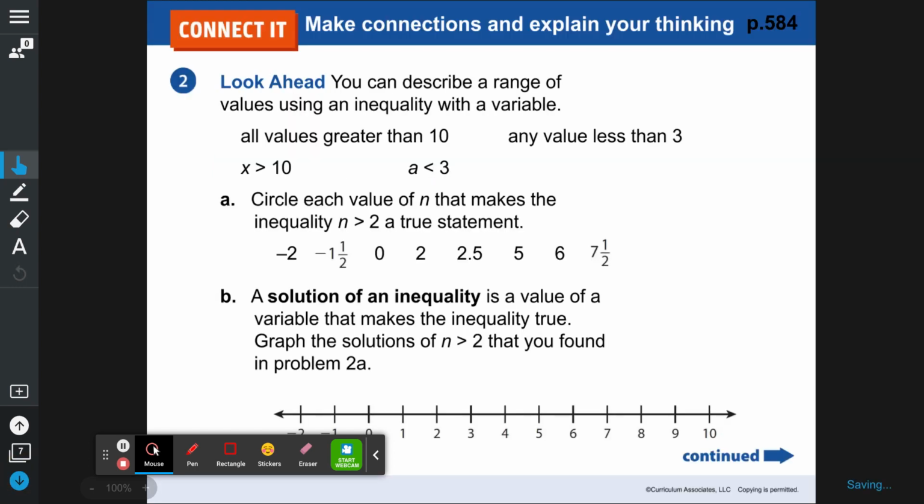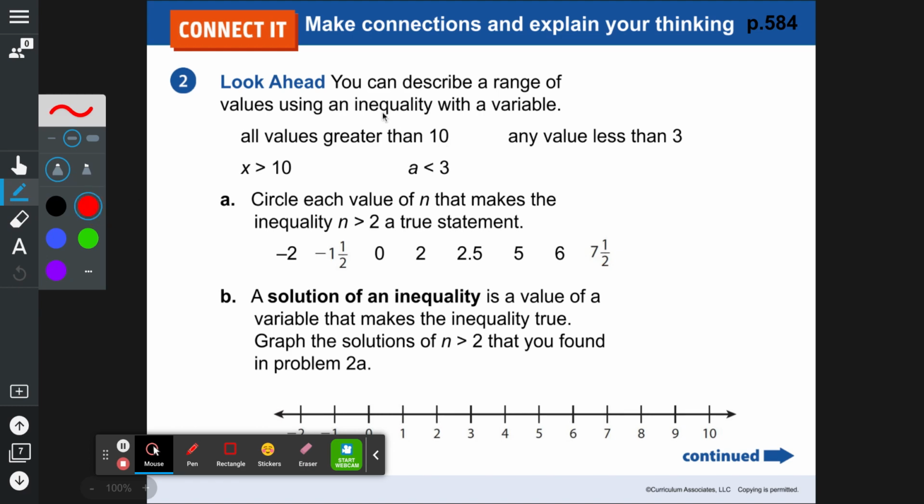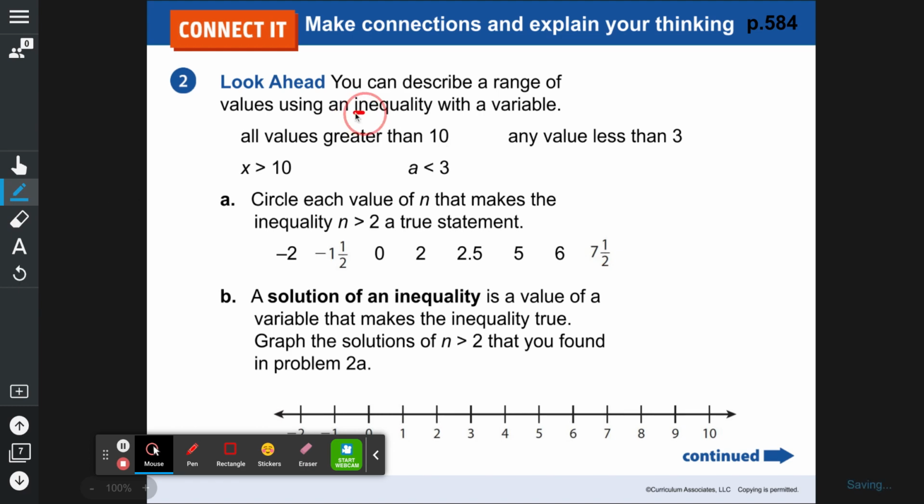Number 2. Again, you're on page 584. Looking ahead, you can describe a range of values using an inequality with a variable. Those are the two words that we saw on one of the first slides: inequality and variable, and we also saw the 4 symbols that make up an inequality.